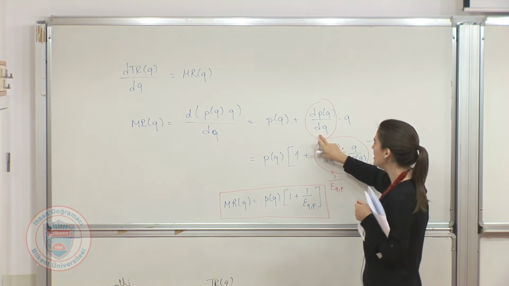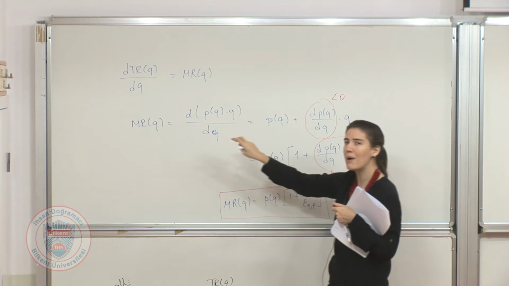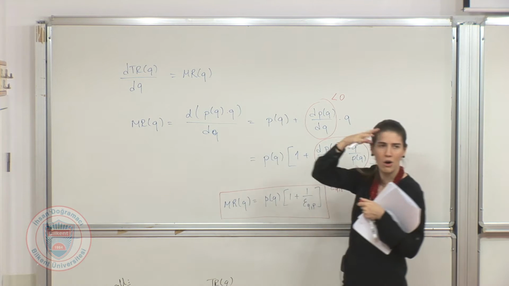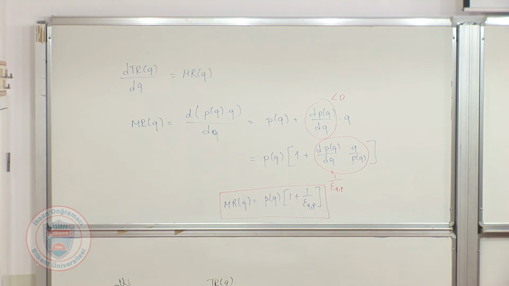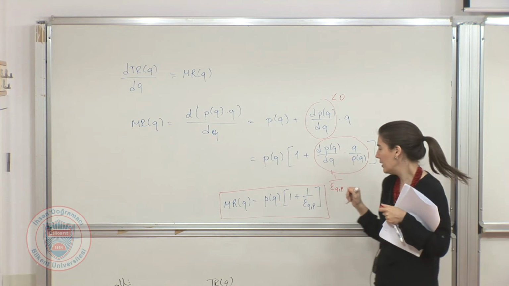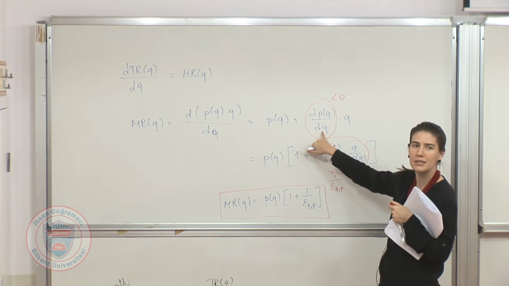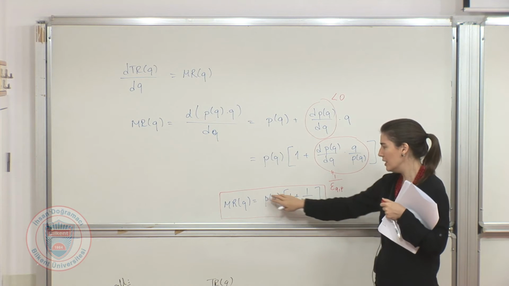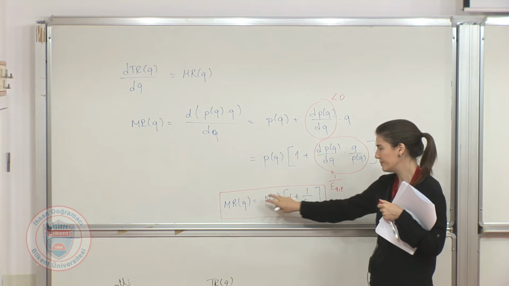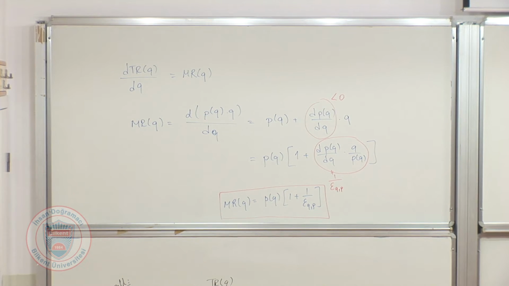So basically, this guy is negative, and this is positive. Then we said that marginal revenue is always below the price, if you have a demand curve which is a function of Q. As long as elasticity is negative, this is going to make marginal revenue definitely below price, right?